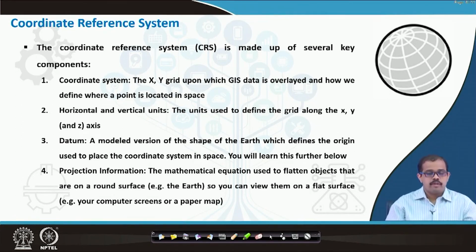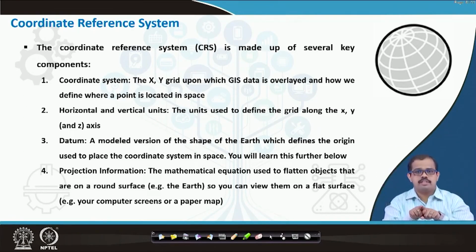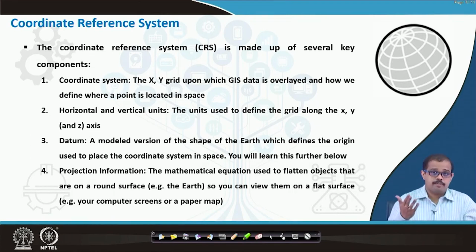When we look at datum in more pictorial form, you will understand what a datum is. Then there is the projection information: the mathematical equation used to flatten a 3D object into a 2D object, a 3D round earth shape into a 2D flat map. I spoke about this in my first lecture of this module.